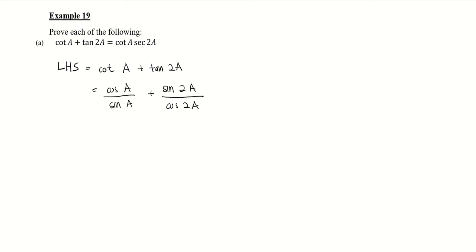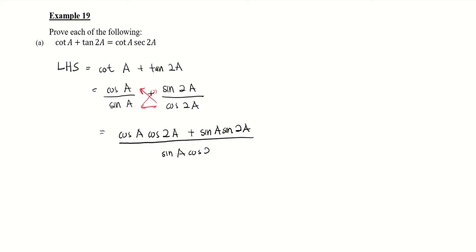Then we can combine these two fractions, so we need to cross multiply. So it will become cos A cos 2A plus sine A sine 2A over sine A cos 2A.